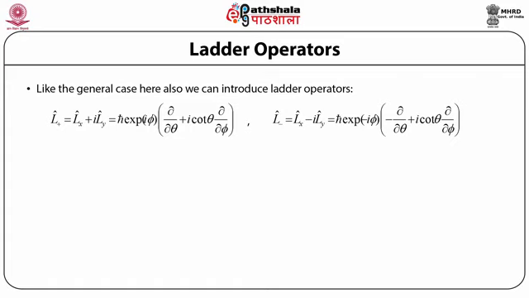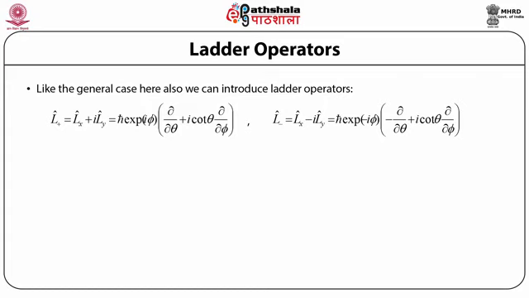The ladder operator for the angular momentum, L plus, which is the up or incremental operator for the orbital angular momentum, is given as L plus equal to Lx plus i Ly, where Lx is the x component and Ly is the y component of the orbital angular momentum operator.